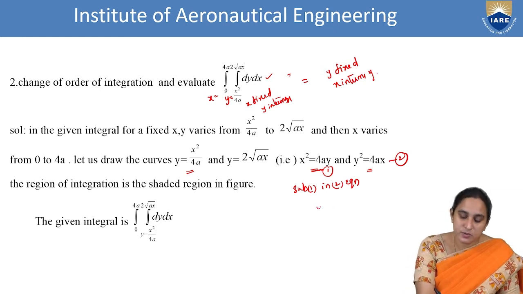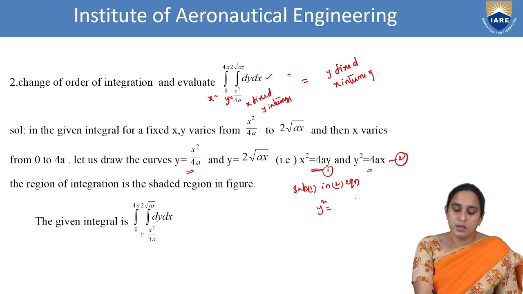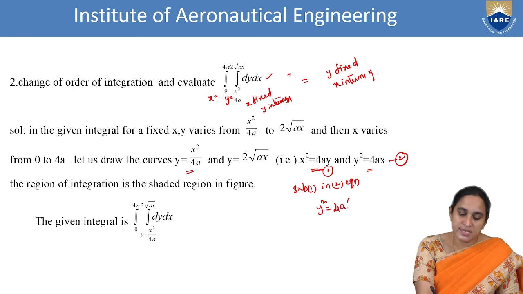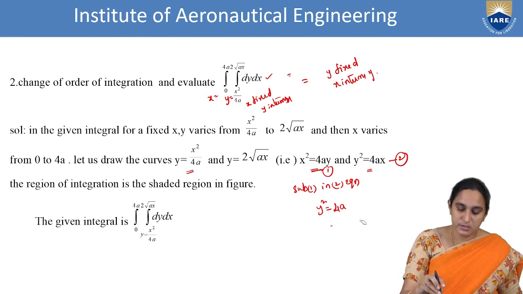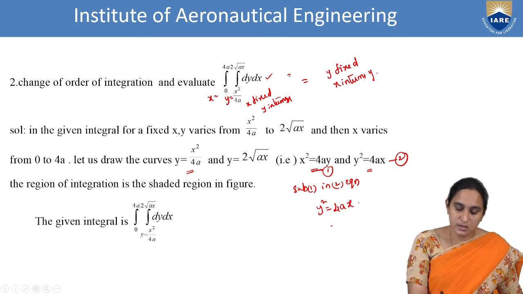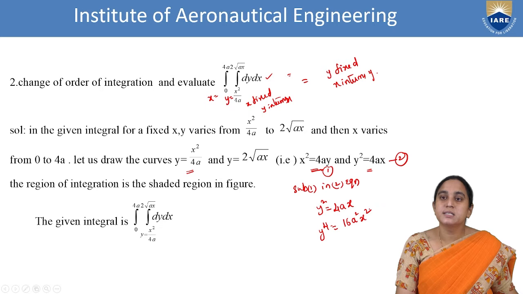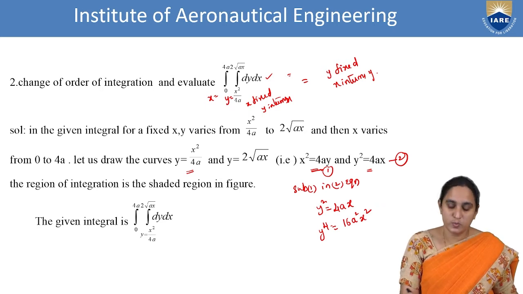That is y square is equal to 4a into x square, where x square means 4ay whole square. Taking squaring on both sides, y power 4 is equal to 16a square x square.